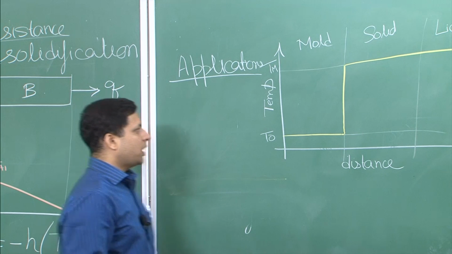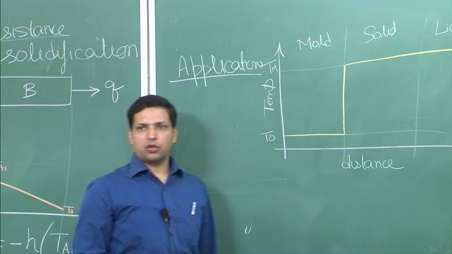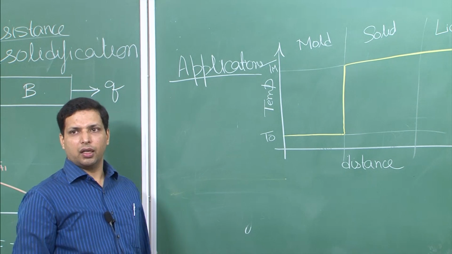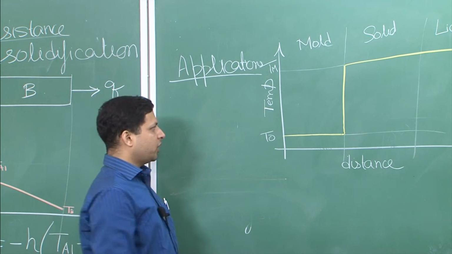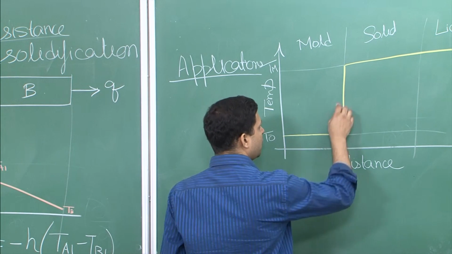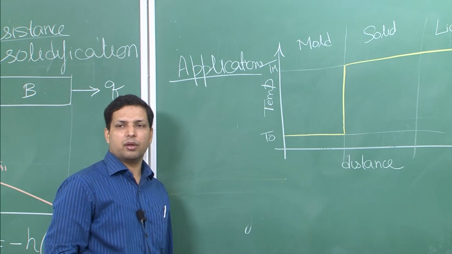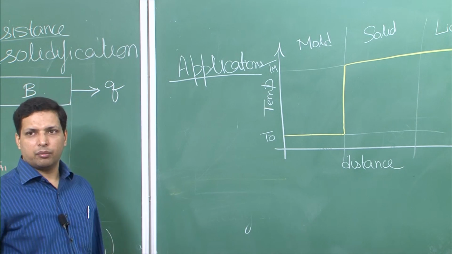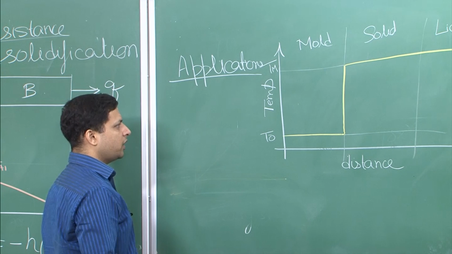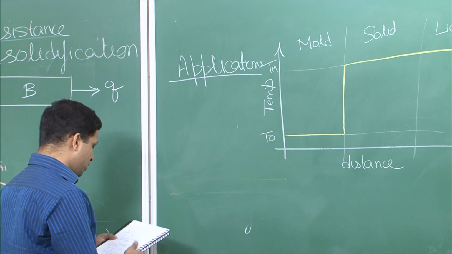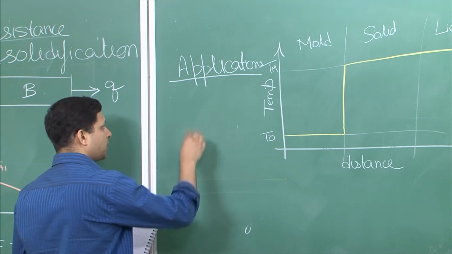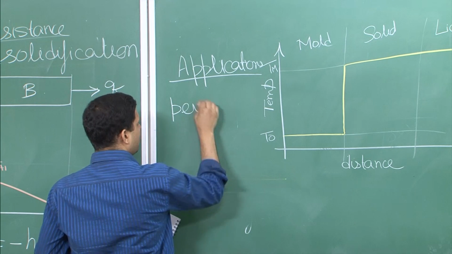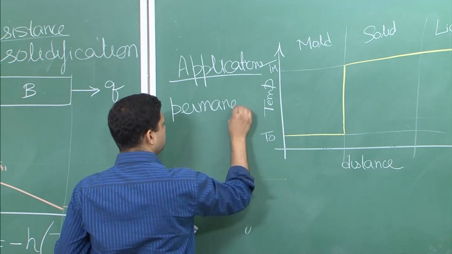So one thing you can realize is that the mold again has to be conducting, it cannot be a non-conducting mold, because in a non-conducting or insulating mold you will start to see temperature drop in the mold. So that will become our previous case. So over here it has to be conducting, which means we can have something like permanent mold casting.